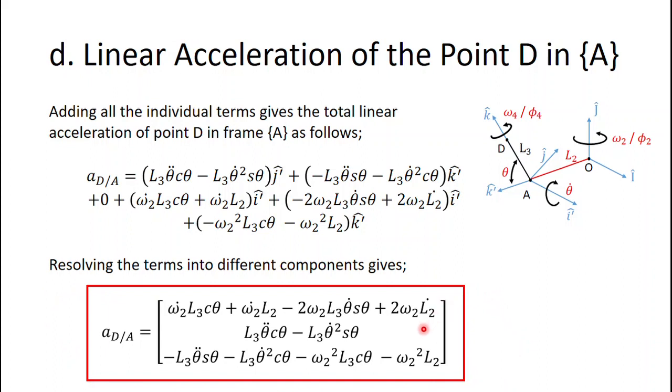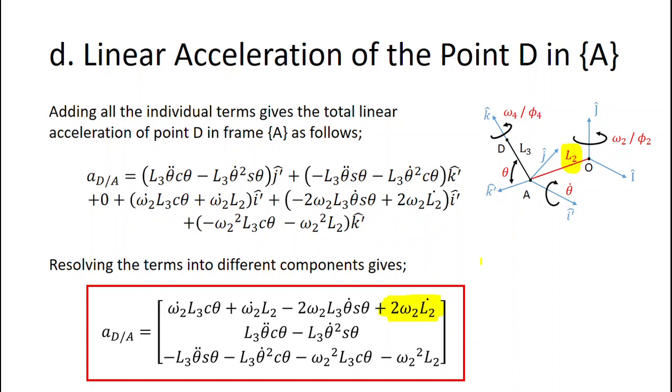Another thing to note here: if we set L2 as a constant, or this red line becomes a constant length, then L2 dot would be 0, and the last term in the I direction goes to 0 if L2 is constant. This is exactly the same solution we got in our exam question, because the only difference was that in the exam question this L2 term was constant, whereas in the problem I'm solving here L2 is actually a variable, a constant velocity variable.